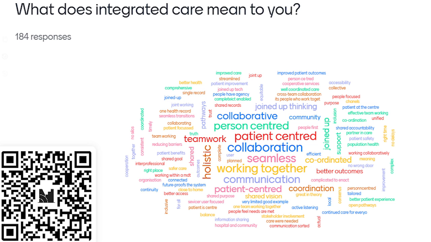And I suppose what this shows us is what integration really means to us in practice. So how do we work together across teams and services, putting people first at the heart of care in terms of person-centeredness? Are we making care seamless, holistic, and connected, and supporting each other to achieve shared outcomes? So it's a really good snapshot of our shared vision for integrated care.